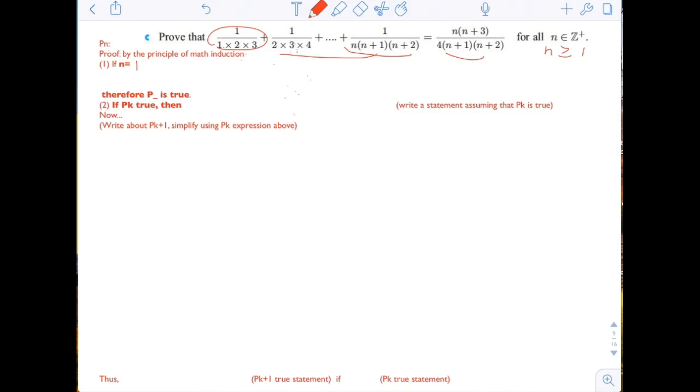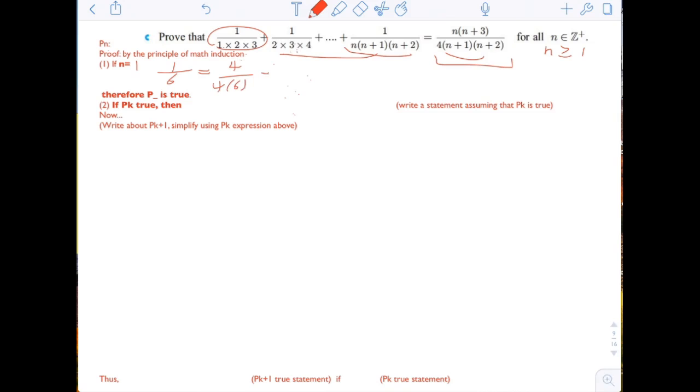It would just be that first term. So let's make sure that's true. So it'd be 1 over 6 is equal to, and then let's check this last one. If we put 1 in for all the n's here, we'd have 1 times 4 on top, and on the bottom, we'd have 4 times 2 times 3.